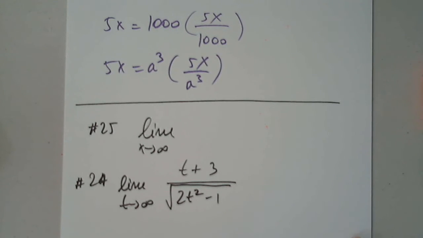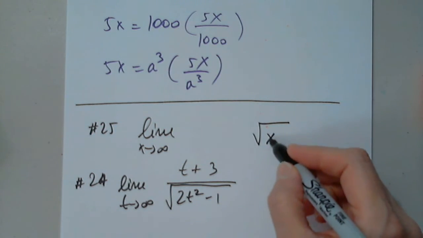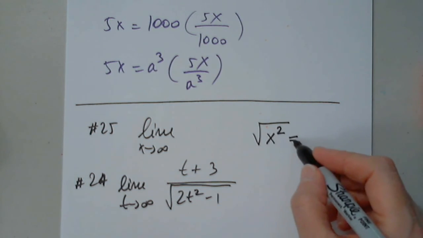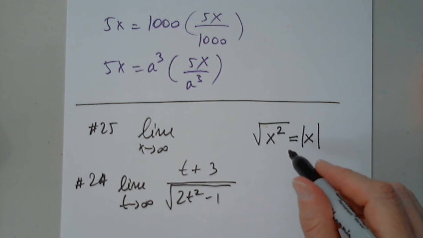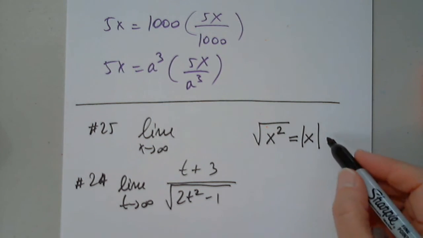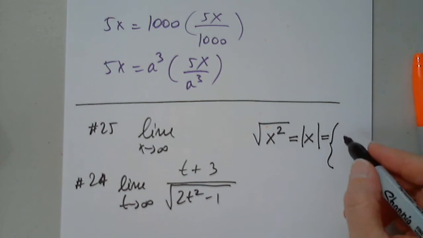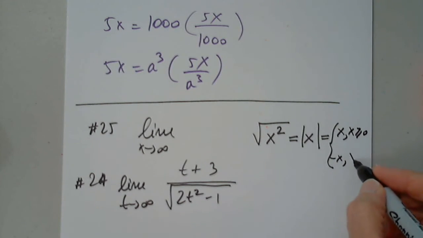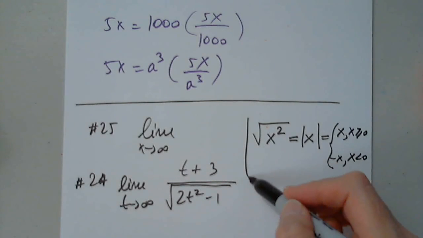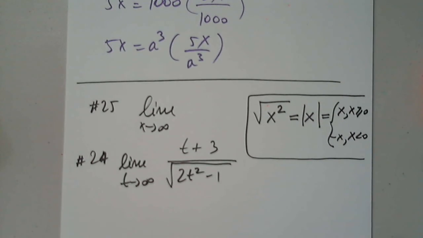Now, we know from some time ago that the square root of x squared equals the absolute value of x, not x. We refreshed our memory on this last time. It's x for positive x and negative x for negative x. This should be carved in stone in your memory now.